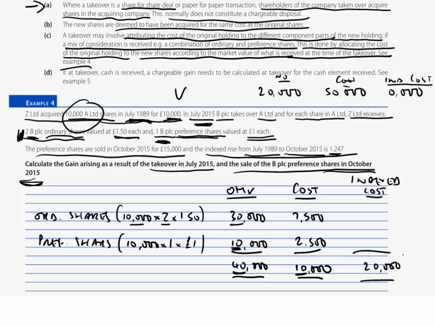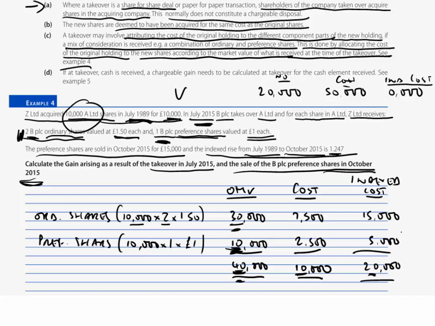All you would then do is to do the same division of the index cost total in the way you've divided the original cost total. So 3/4, 30/40ths of that 20,000 would now be attributed to the ordinary shares, so that would be 15,000, and 10,000 over 40, 1/4 of the 20,000, i.e. 5,000, would be attributed to the preference shares.